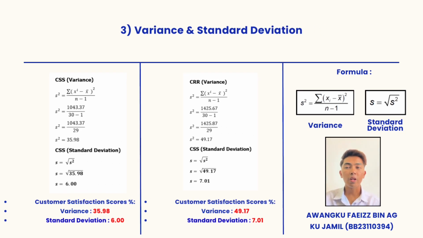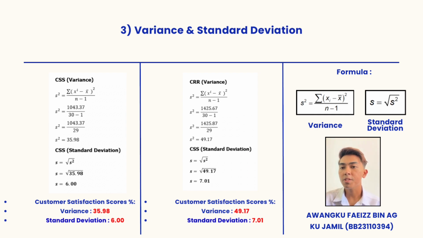So we are moving on to the third, which is variance and standard deviation. The variance measures how spread out the data is. So the formula is the variance equals the sum of squared differences between each value and the mean, divided by the total number of values minus 1. And the standard deviation is the square root of the variance, showing the average distance of each data point from the mean.